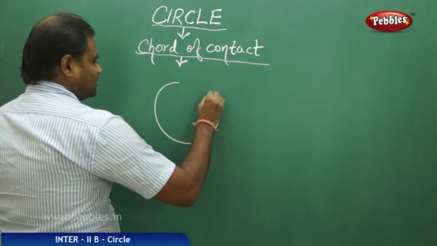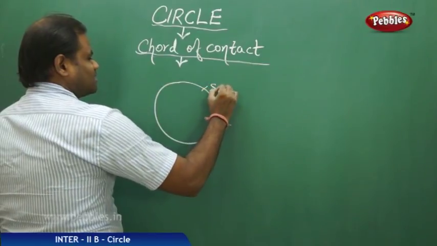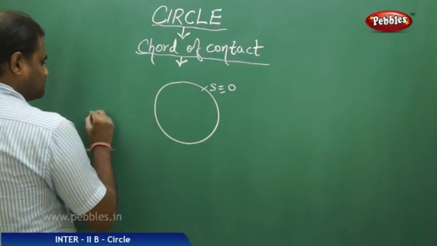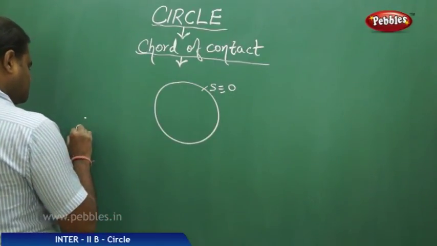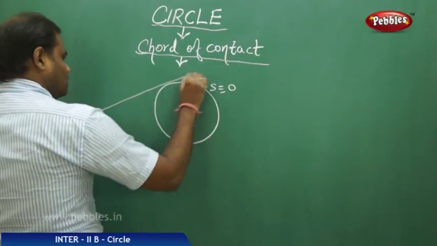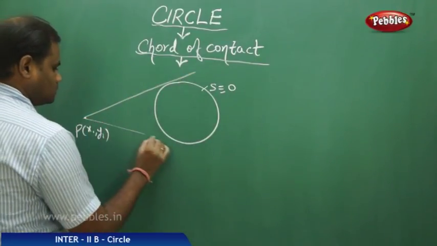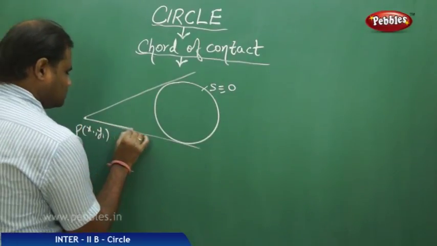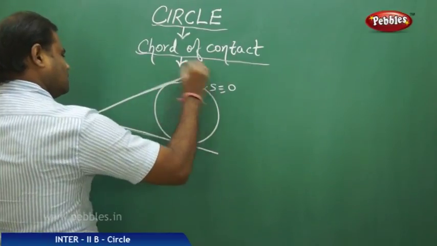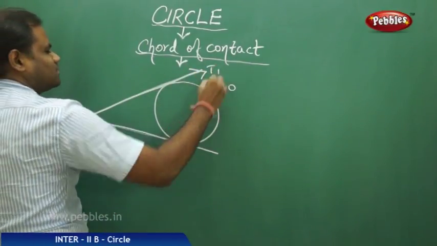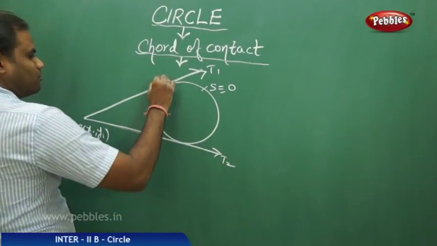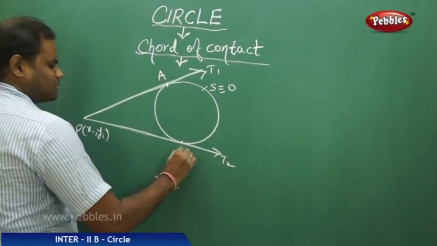I have a circle S equals 0 and an external point P(x1, y1) from where I can draw the two tangents T1 and T2, which make the points of contact A and B.